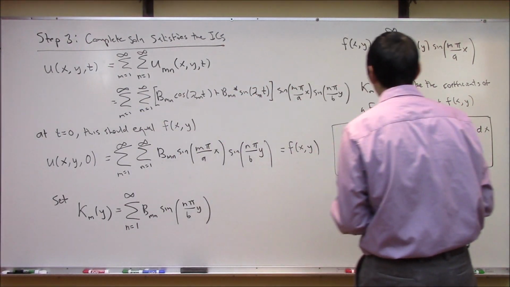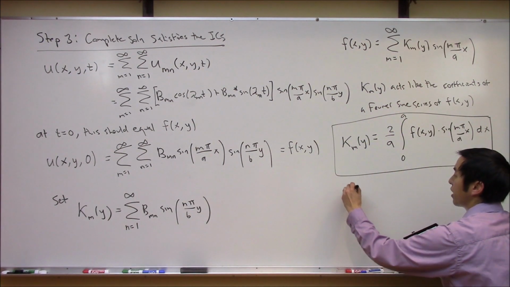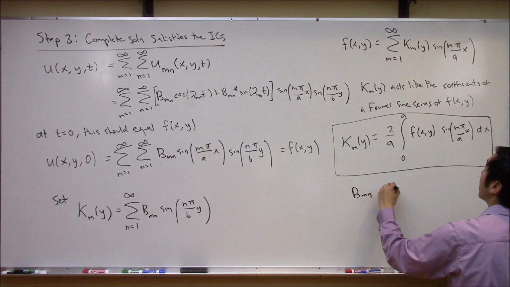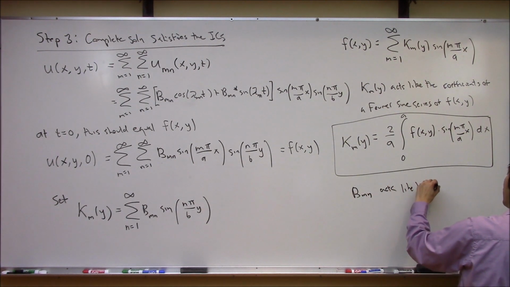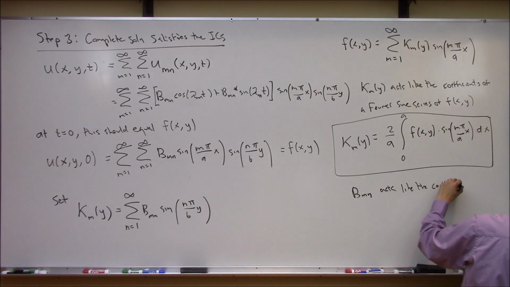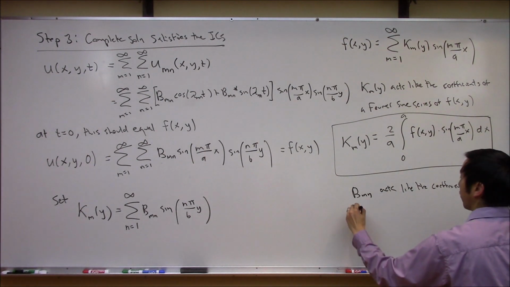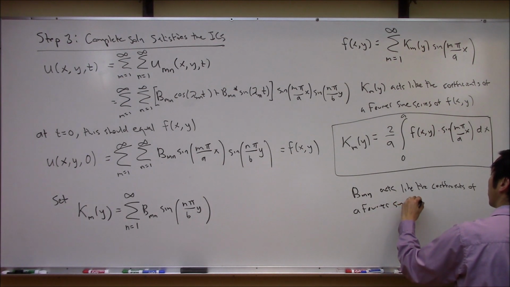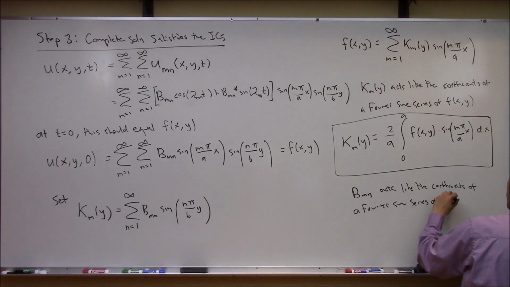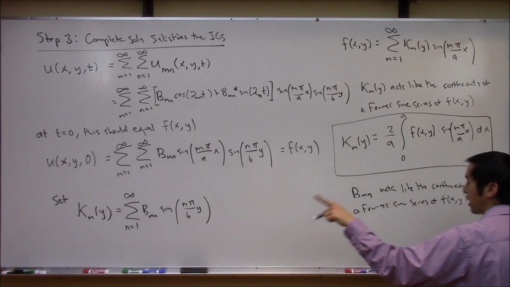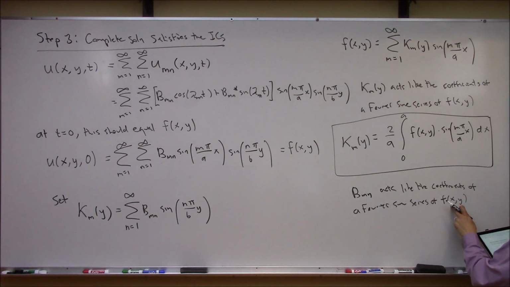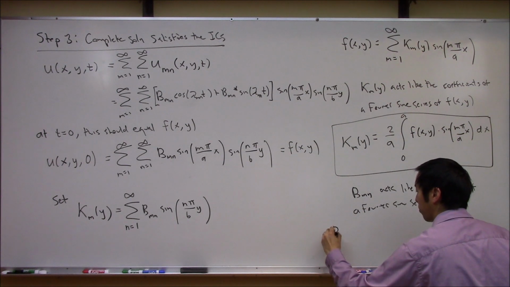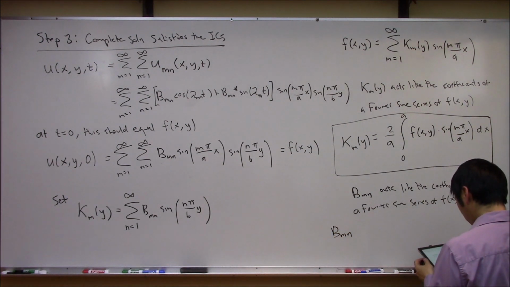So let's go ahead and say that we consider bmn to act like the coefficients of a Fourier sine series of f of x, y, with now the understanding that x is constant, but y is not here. So in other words, the coefficients that we're looking for are b, m, n, right?